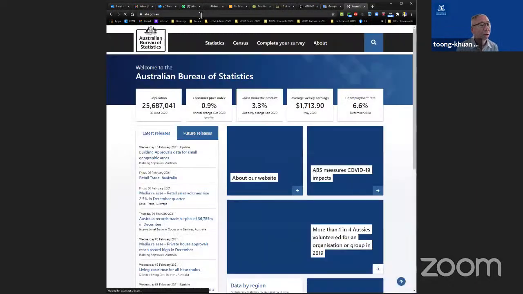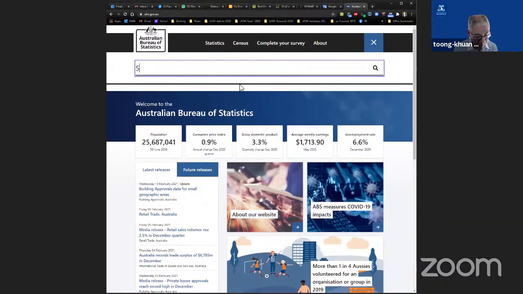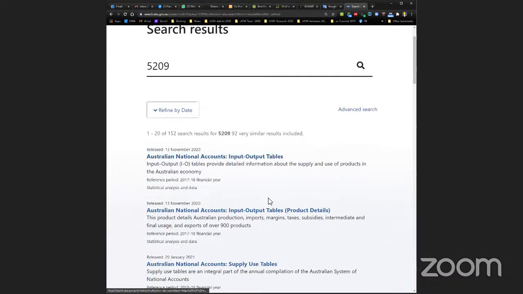Okay. So this is our Australian Bureau of Statistics. It is very similar to your Badan Pusat Statistik in Indonesia. If you just click on the search button and you type in 5209, press enter, and it brings you to input-output tables.